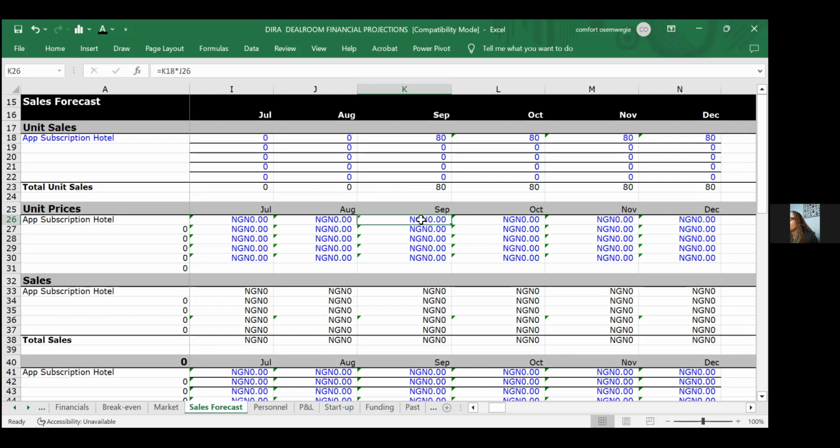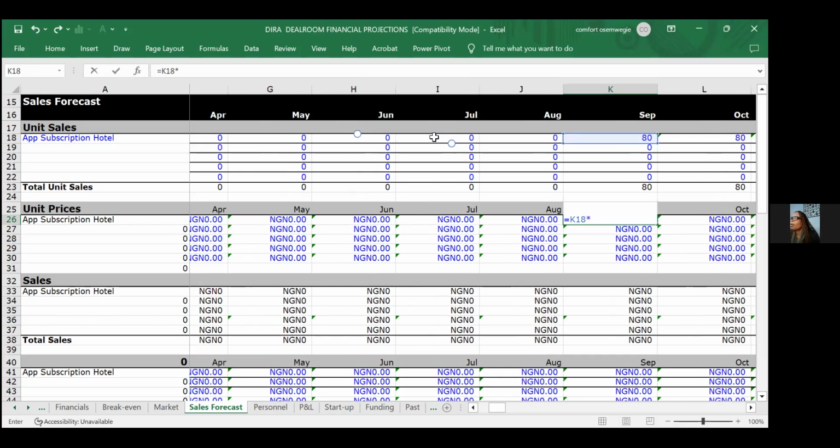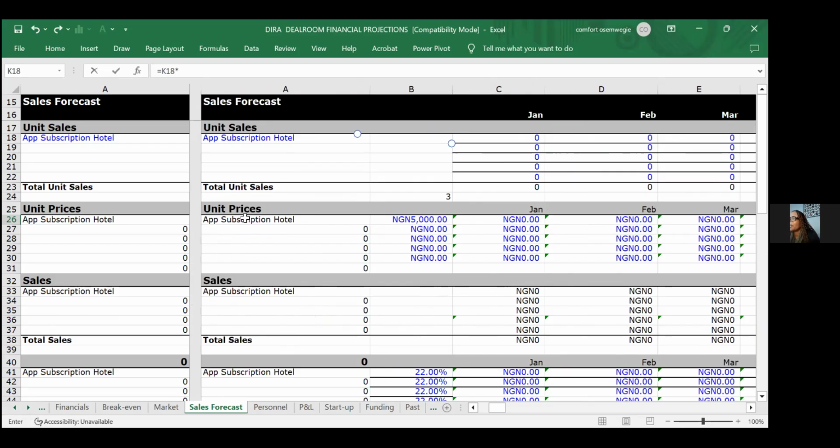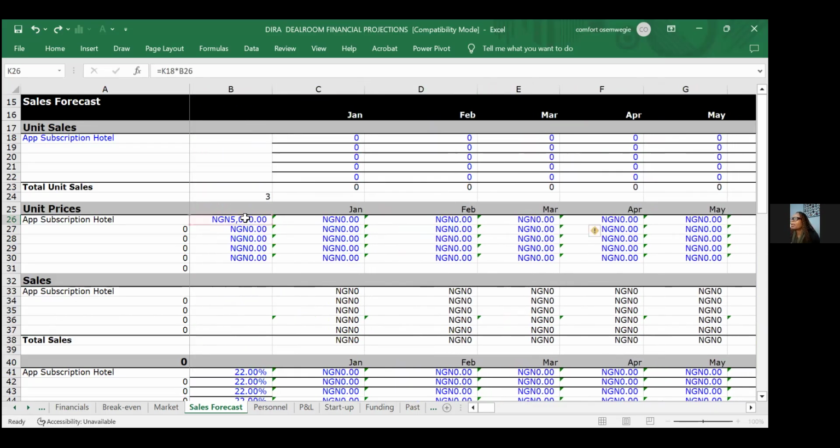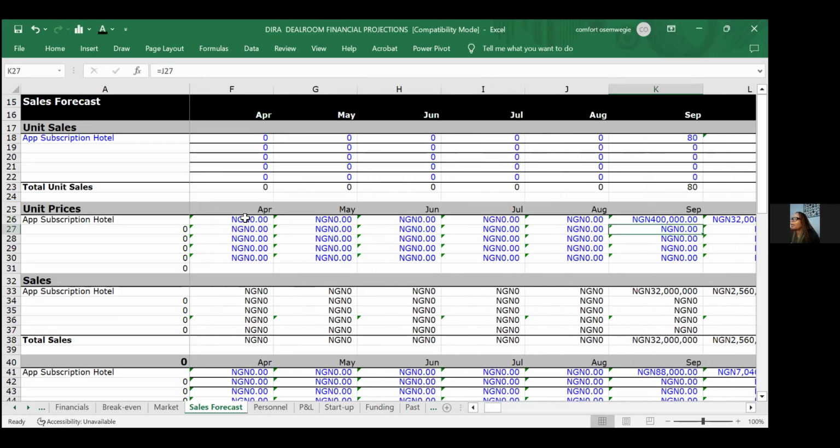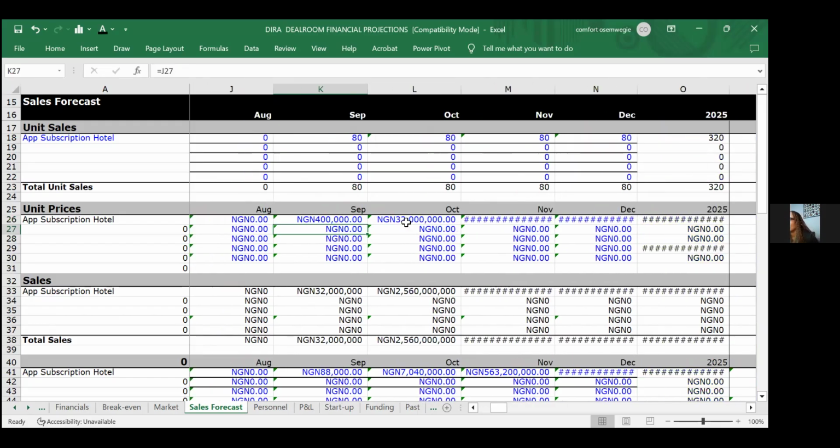So this calls to multiplied. Don't come and give me stress here.